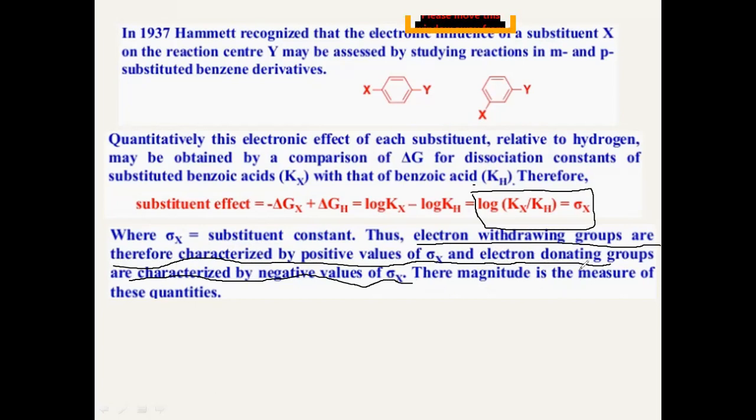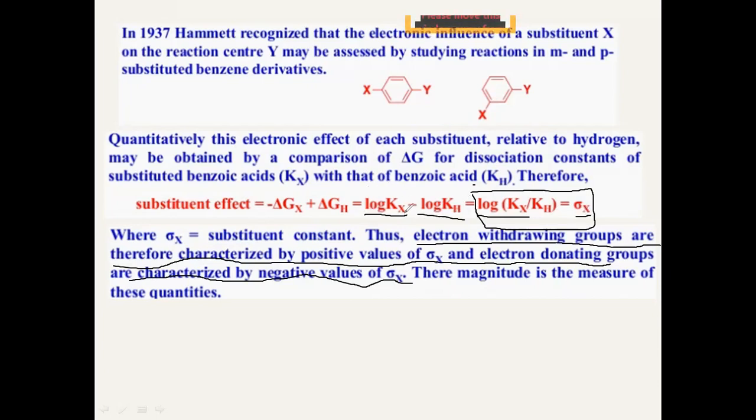See, look at this value, log Kx minus log KH. If the value of log Kx is more, then only sigma x will be positive, or not? Yes. If log Kx value is less than this, then this will be negative.